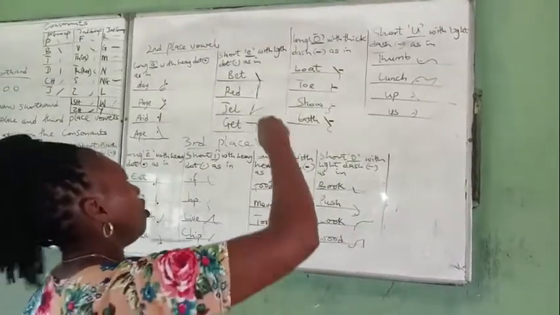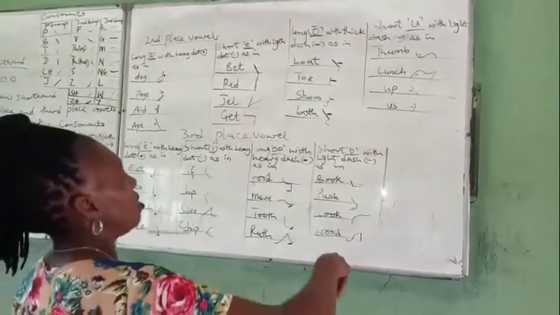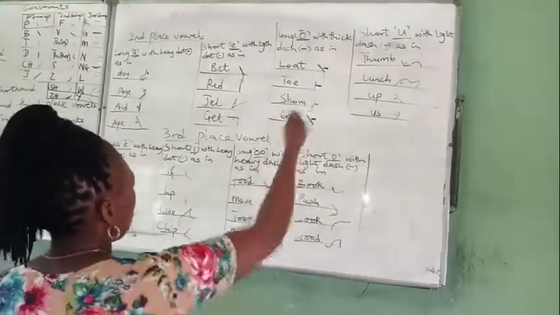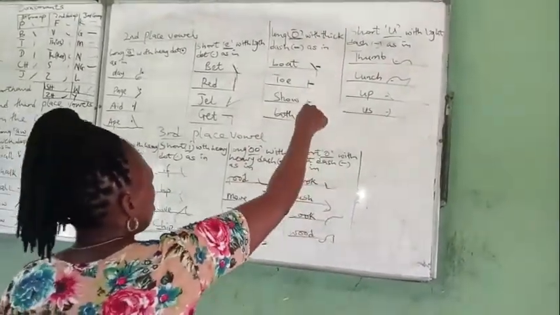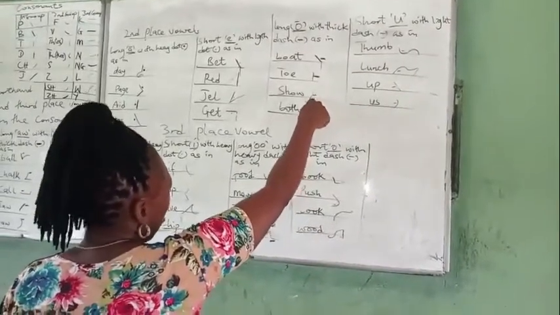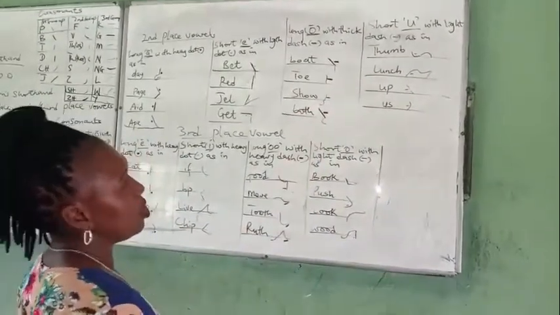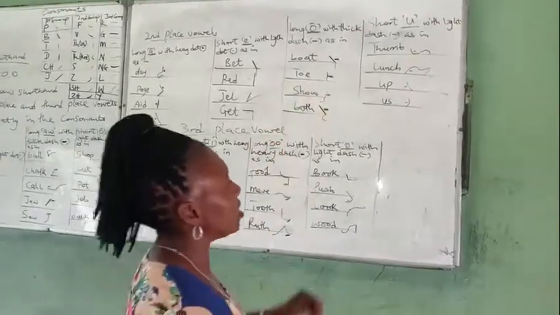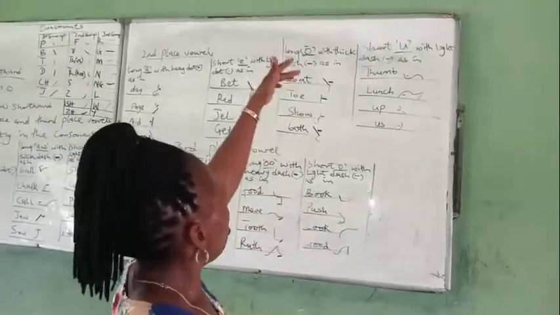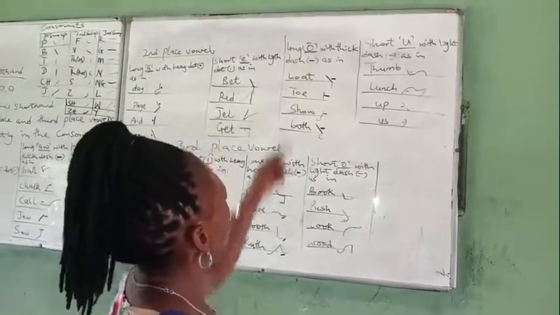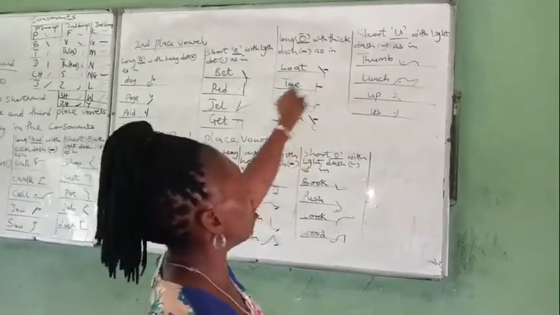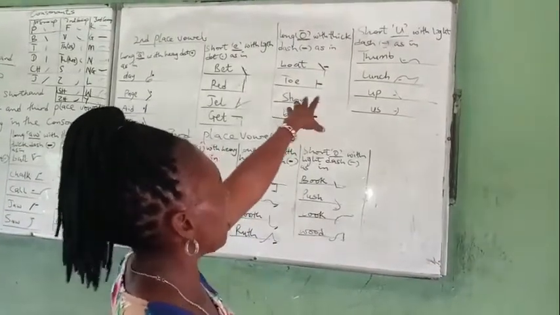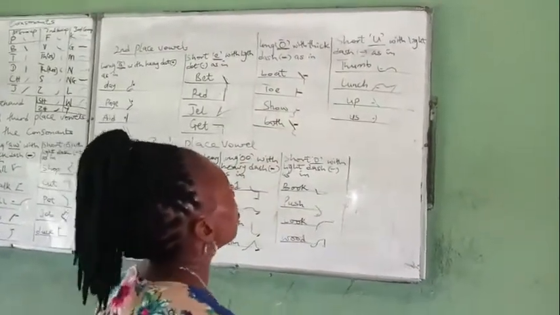For the downstroke that you continue, like in boat or show, when the first one touches the line, the other one should come below the line for you to complete the word. So you must bear it in mind that the first one must touch the line, then you complete the rest below the line, and you vocalize in the middle.